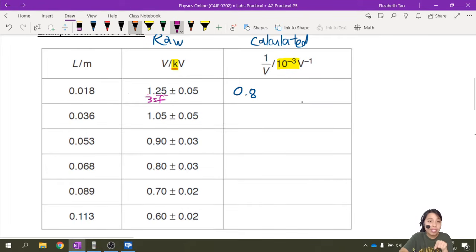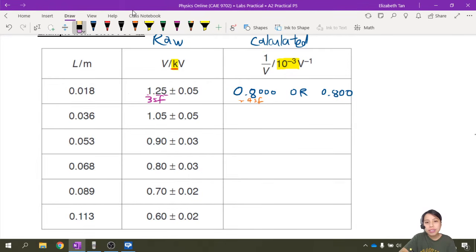Hence, this one on the right can be 3 or 4 SF. Which one you want to choose is really up to you. Okay, so let's say I choose 4 SF. Okay, I'm very extra. So 1, 2, 3, 4. I must write out all the zeros. Or you can just say 0.800, 3 SF.